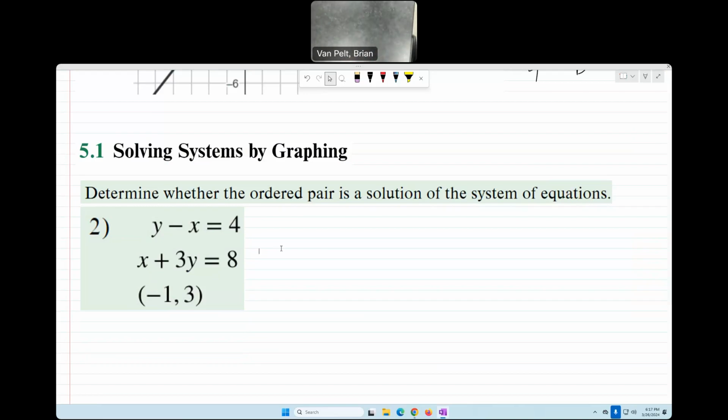When they say an ordered pair is a solution, that means I can plug in x equals -1 and y equals 3, and it will work in both equations. Watch what I mean. If I take this equation and plug in these numbers, y is 3 and x is -1, is that true?